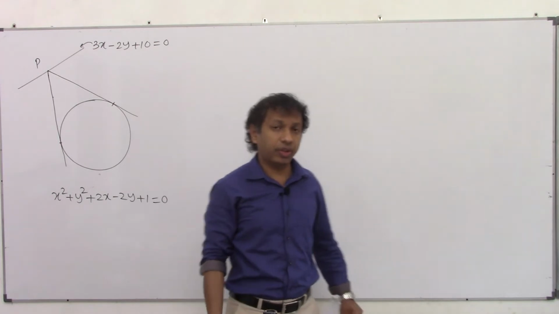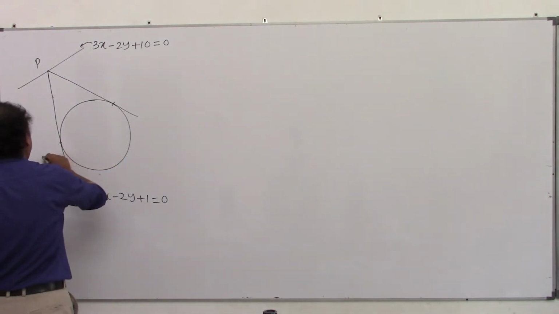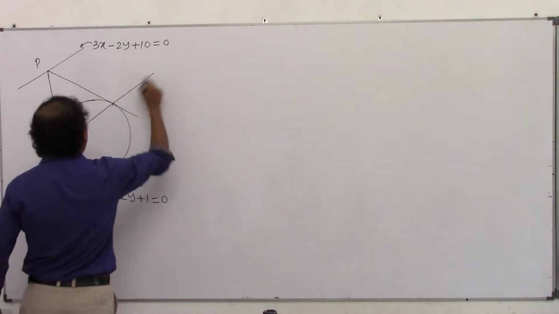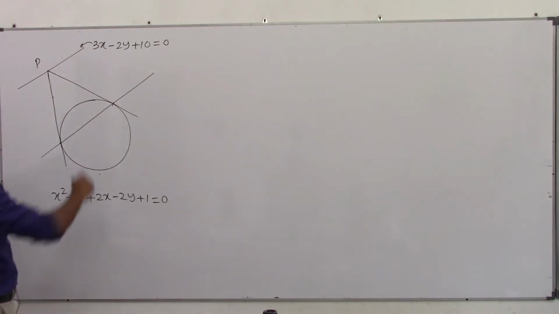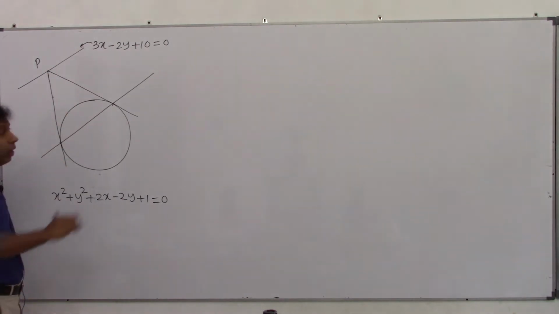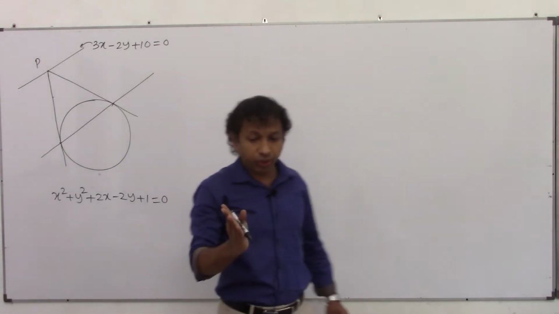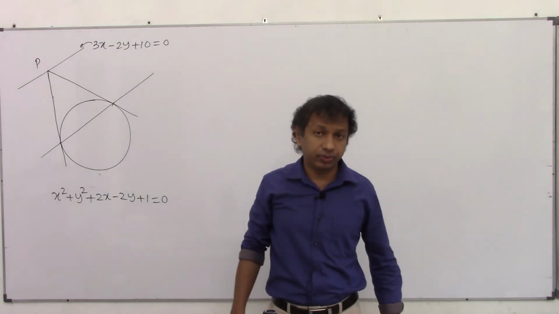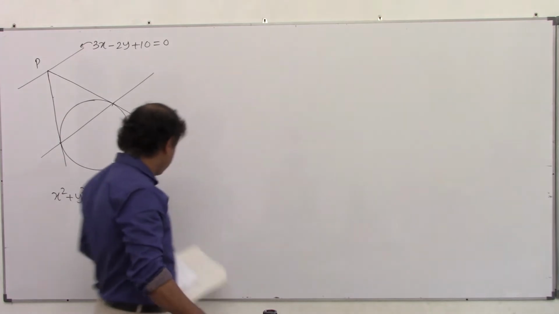That line we define as the chord of contact. Now, we are asked to prove that when the point P moves on this line here and there, the chord of contact passes through a fixed point. Then, I will work out that question like this.